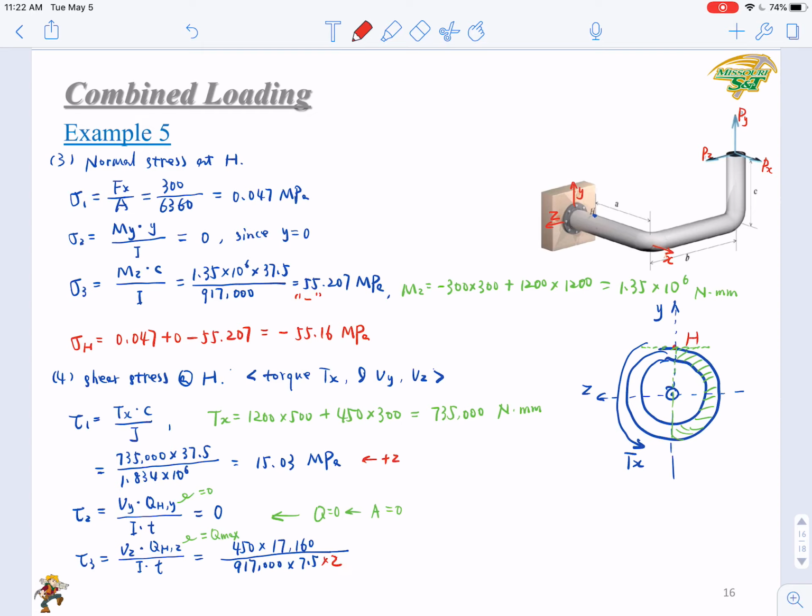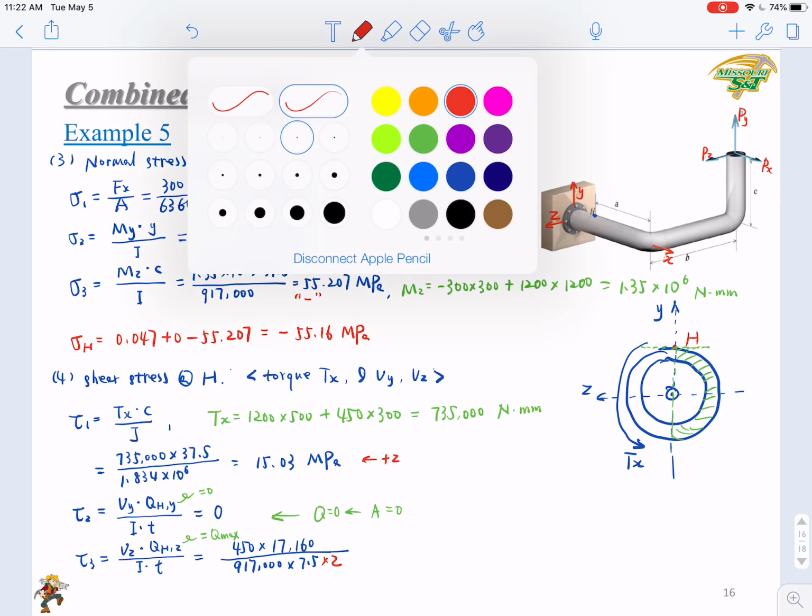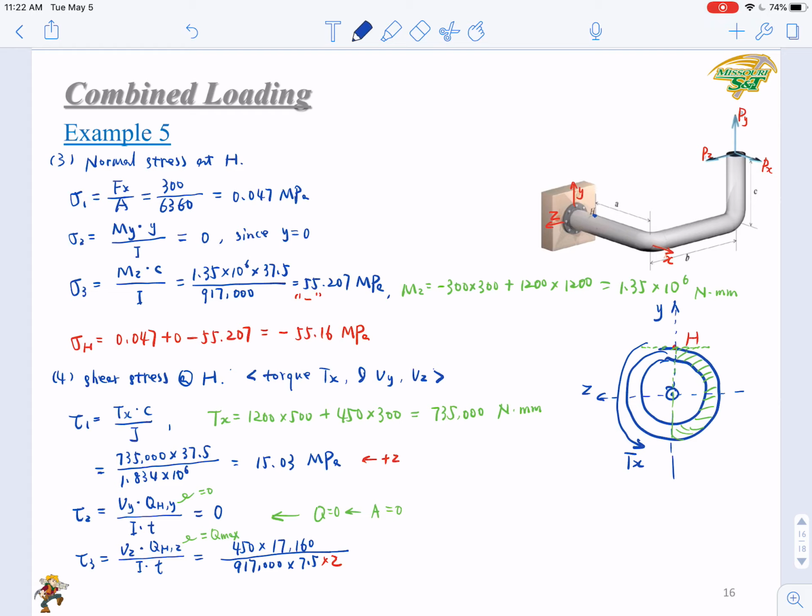We need 2 times the thickness as the thickness in this equation, in this VQ over IT. Go back to the slides of chapter 7 to get more details there. So this is important to keep this times 2 in mind.